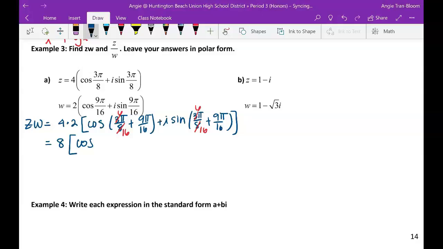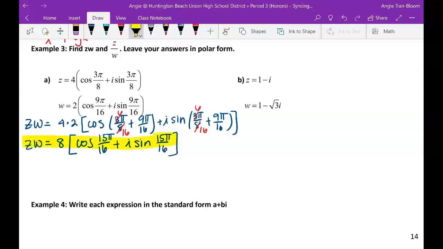Is that 15 pi over 16? Okay, very good. Then plus i times sine of the same exact angle. So that is what we do when we multiply.